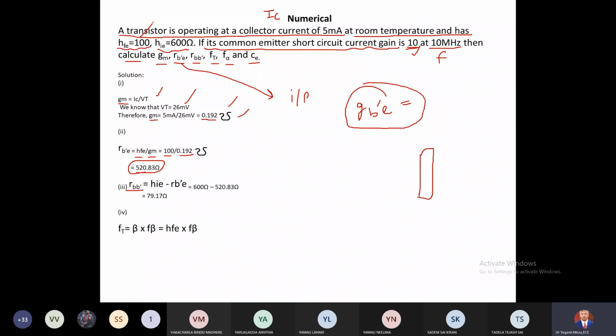Now RBB dash. If you recall, this is the B terminal, and internally there is a resistance, the base spreading resistance RBB dash. Remember this formula. HIE is the input resistance.